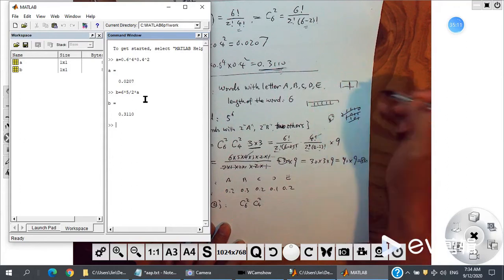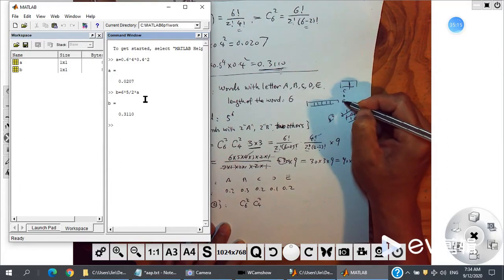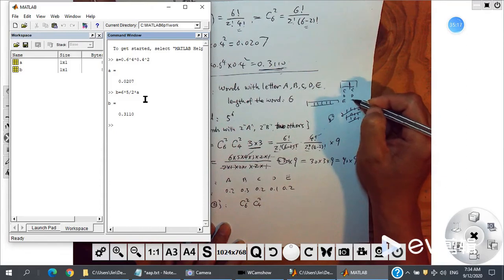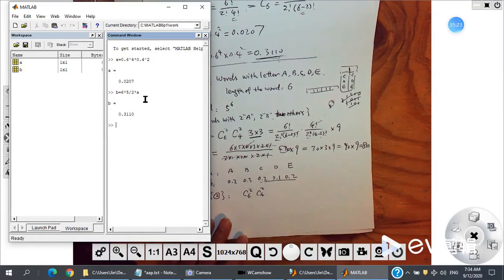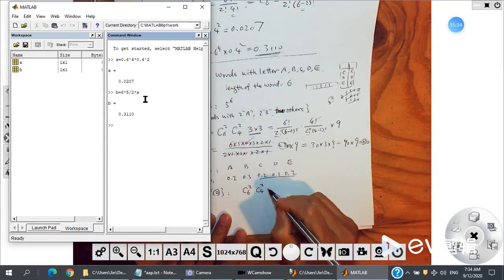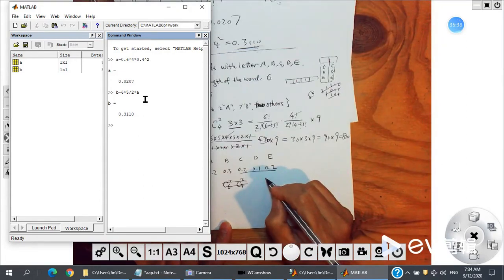Here is C, D, or E, and here will be C, D, or E, right? And the probabilities of C, D, E are these, so we have to calculate in a different way. I write it like this. Total is 6.